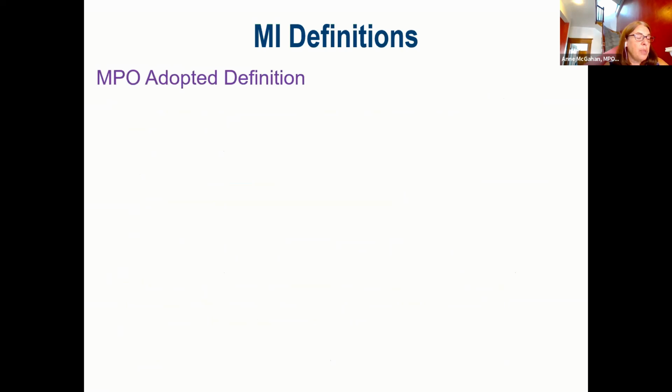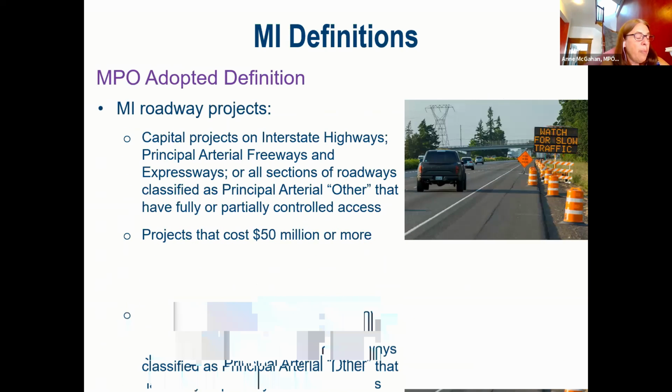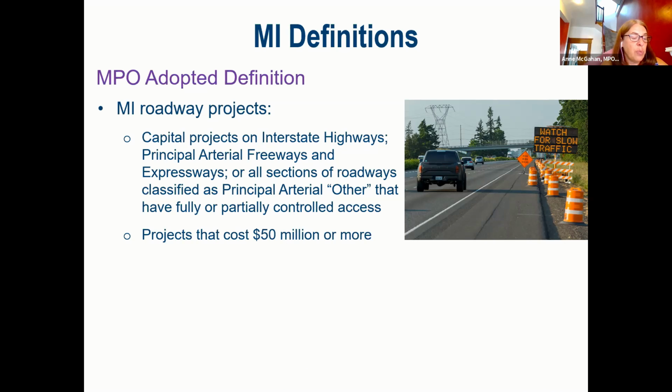So the MPO adopted the new definition at its August 20th MPO meeting, as shown here on the slide. Major infrastructure projects on the roadway network include those that meet at least one of the following criteria: capital projects that improve facilities that are important to regional travel, which include interstate highways, principal arterial freeways and expressways, and all sections of roadways classified as principal arterial other that have fully or partially controlled access, and projects that cost $50 million or more.